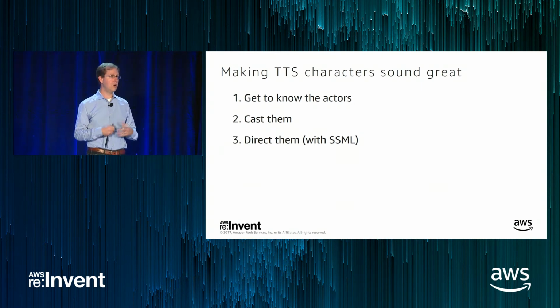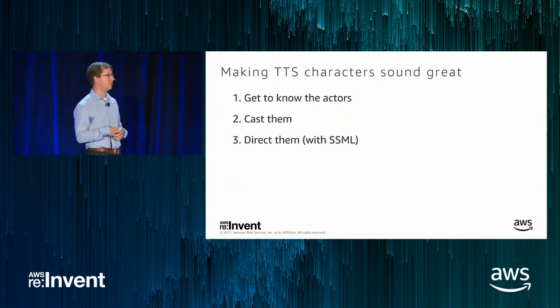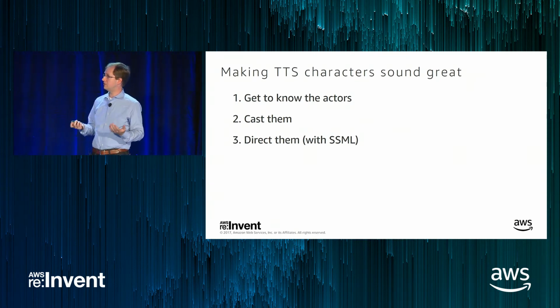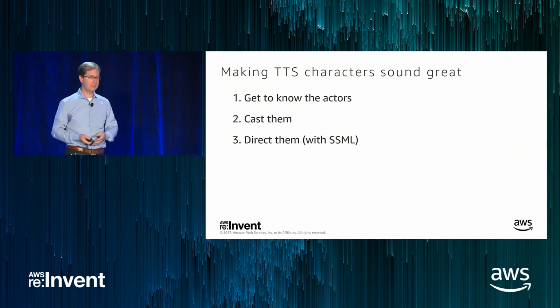And then knowing them and knowing the content, we cast TTS voices into some specific roles. And then finally, we can't just let them read however they want. We actually have to direct them and tell them how they should say various things and correct them when they're not doing exactly the right thing based on the material or based on our vision, essentially. And that's the process. So let's see how that works in practice.